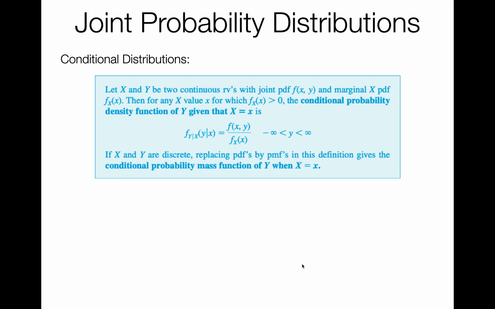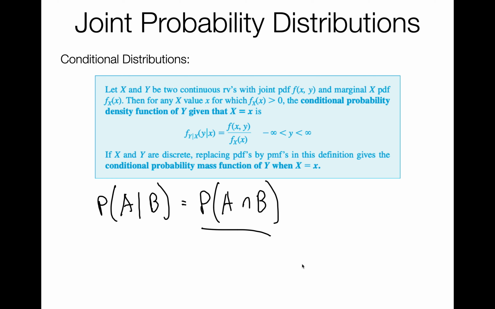It's fine. Just remember, if we go back to conditional probability, we said the probability of A given B is equal to the probability of A and B over the probability of B. And so it's the same thing here. Just replace A with y, B with x.